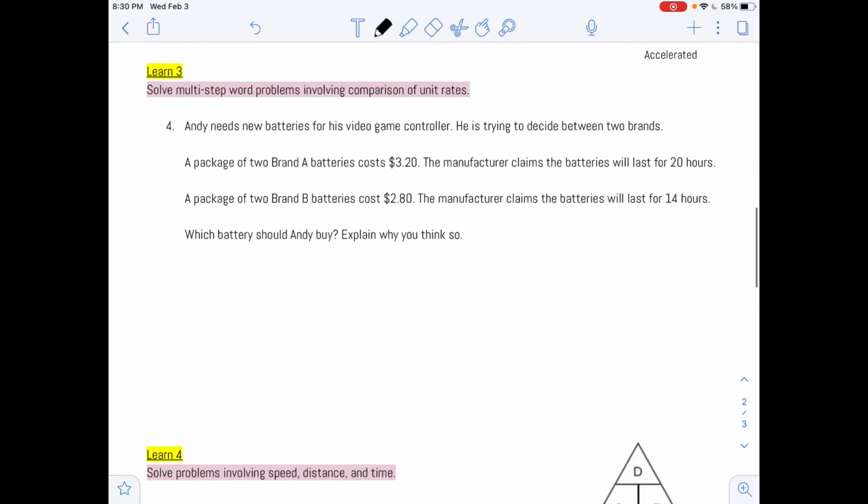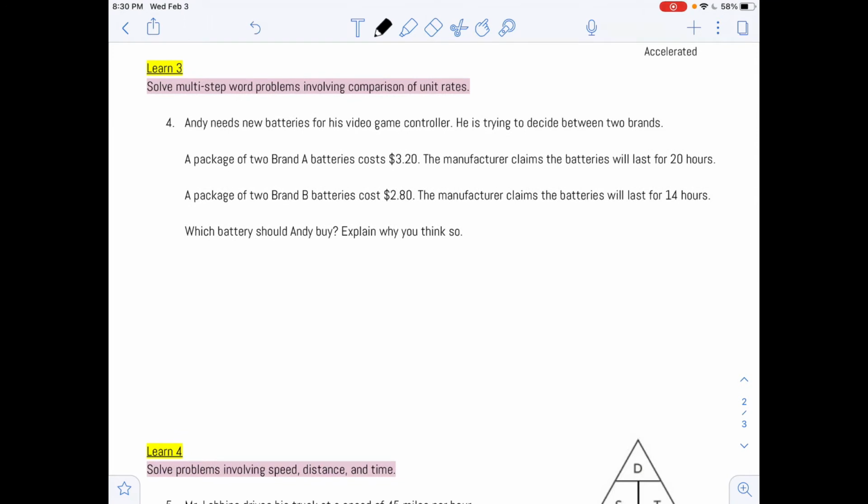Moving on to Learn 3 and looking at comparing unit rates given a multi-step word problem and situation. So in problem 4, Andy needs new batteries for his video game controller. He is trying to decide between 2 brands. A package of 2 brand A batteries costs $3.20.